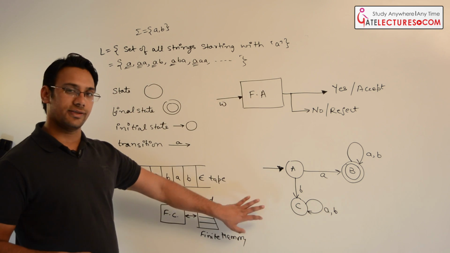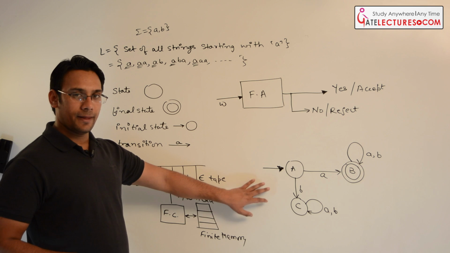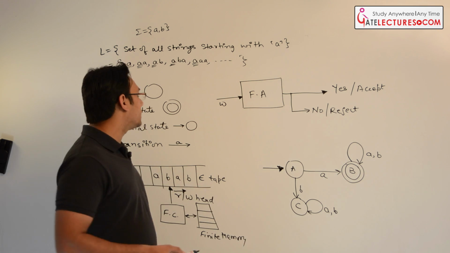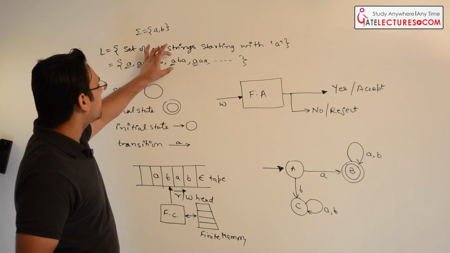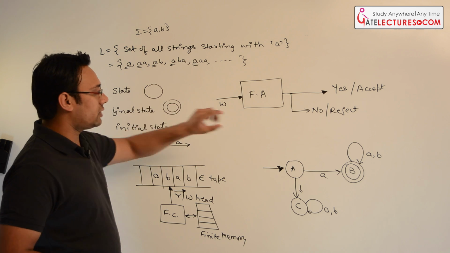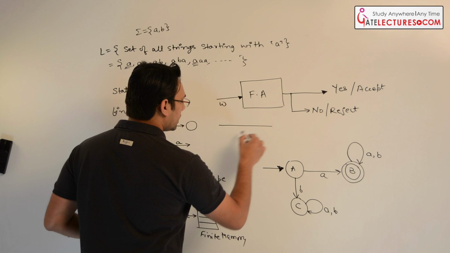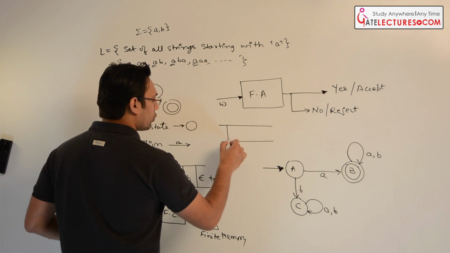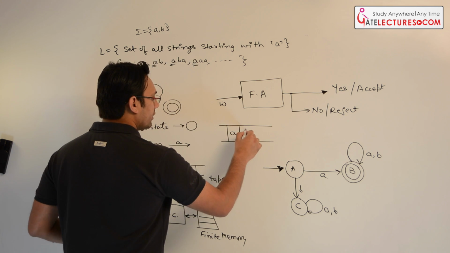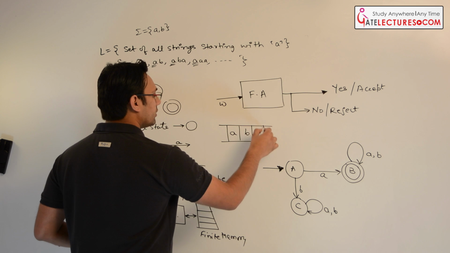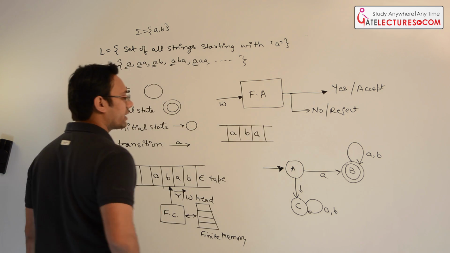Okay, now what is this diagram? Let us see what I have done here. Let us suppose we are giving the string A, B, A to this finite automata. That means on the input tape we have loaded the string A, B, A, and after that we will have an epsilon symbol.